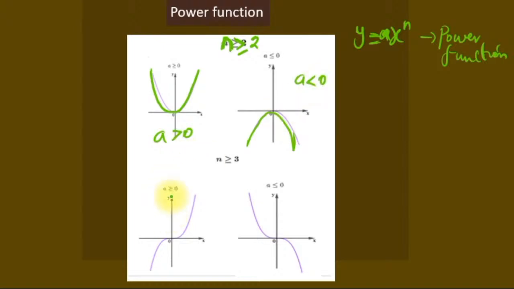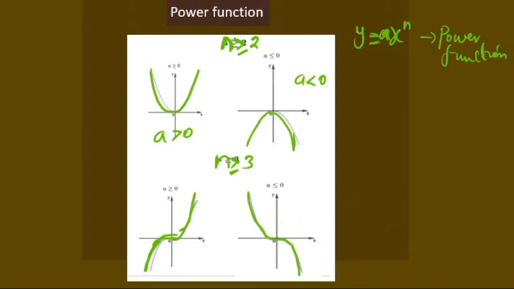Again, down here, this is when n is greater than or equal to 3. When n is greater than or equal to 3, the graph is either this one or the other one. The first one is when the coefficient is positive, so we have this power function graph. This is when a is positive, but this is when a is negative.